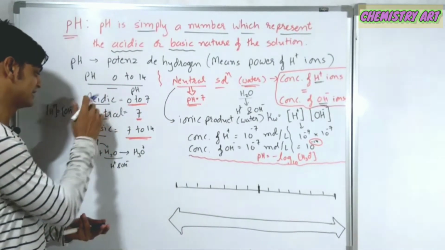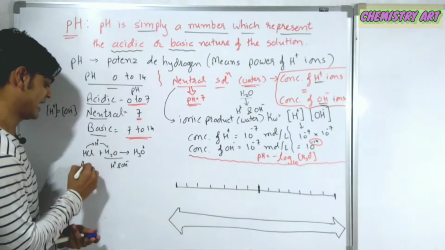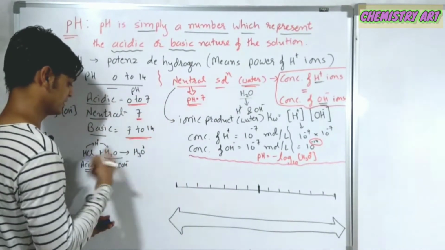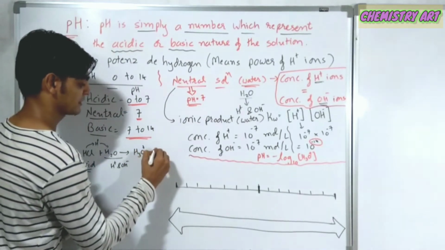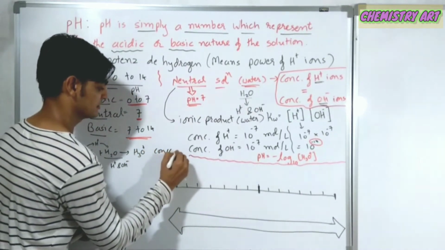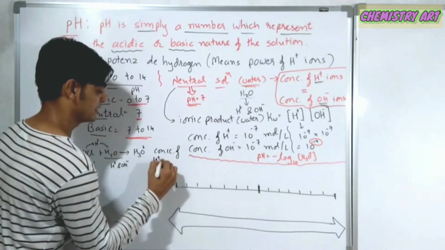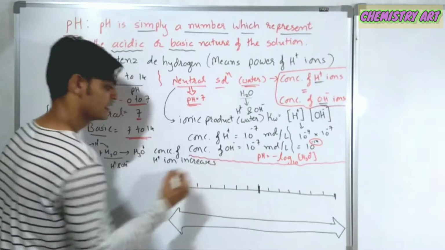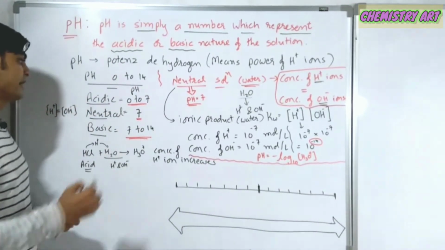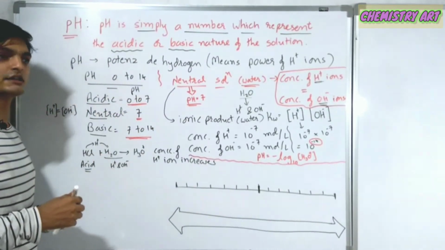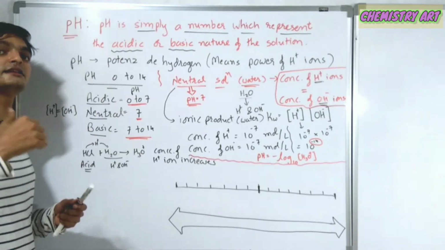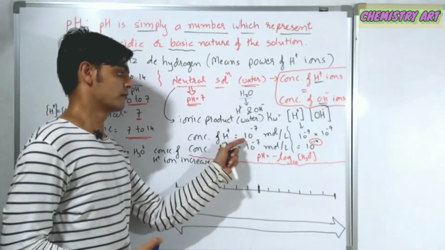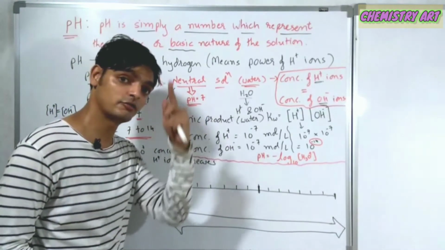In acidic medium, HCl is the acid, the concentration of H plus ion increases. It means that when the pH is 0 to 7, the concentration of H plus ion is more than 10 to the power minus 7.